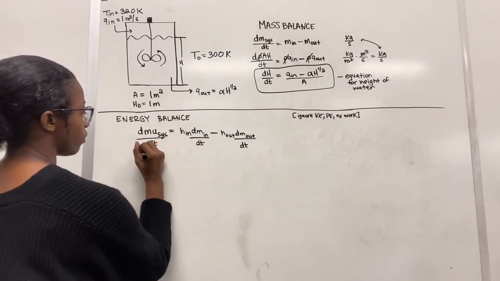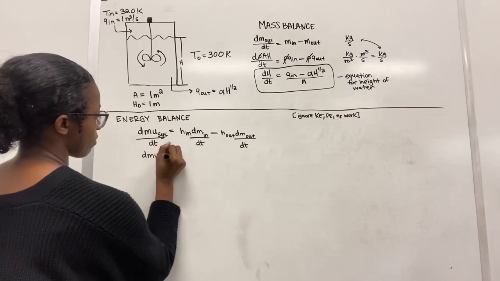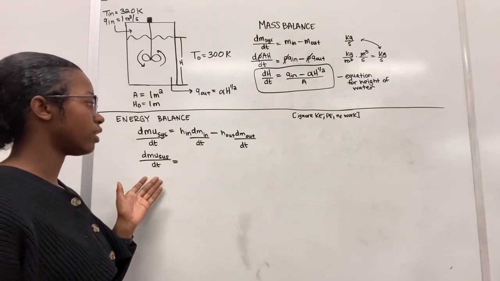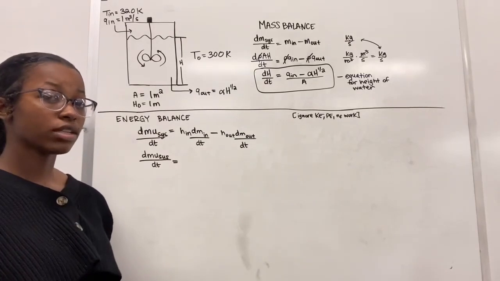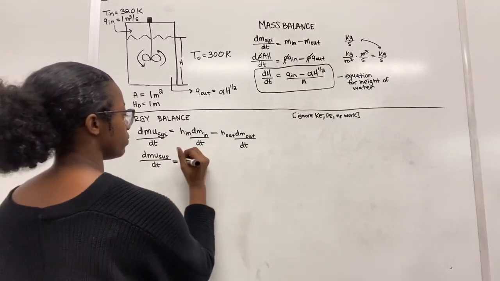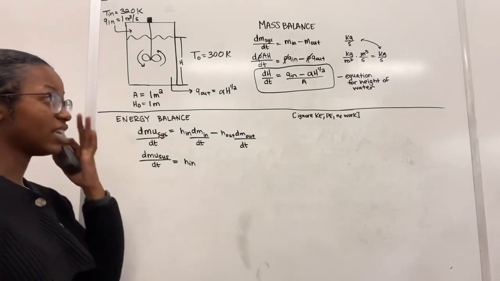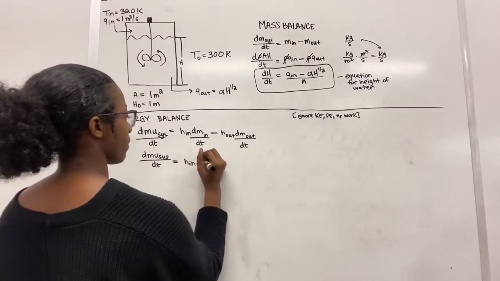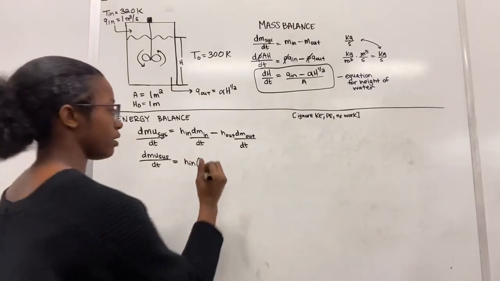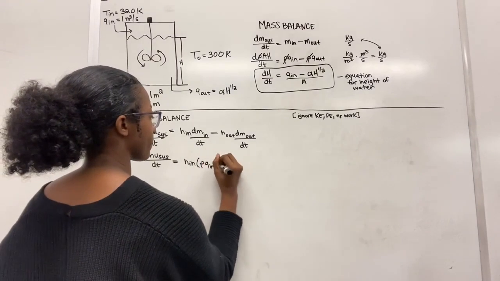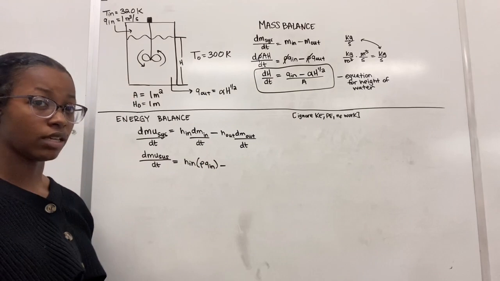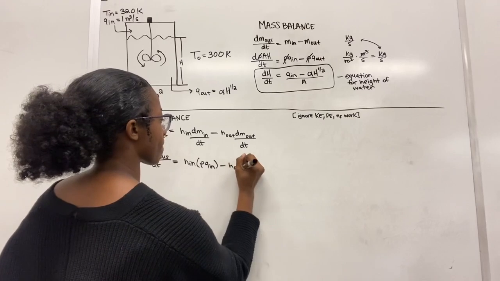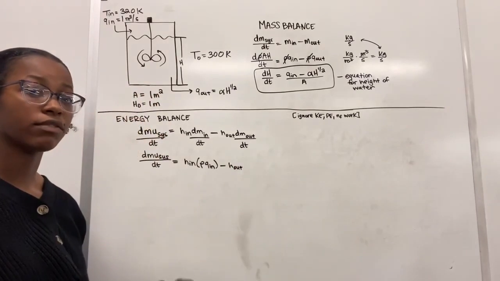And so we can rewrite this so that the change in the mass times the internal energy of the system with respect to time is equal to the enthalpy coming in times, again, what we received in our mass balance, which is the density times the flow rate coming in, minus the enthalpy going out times the density times the flow rate going out.